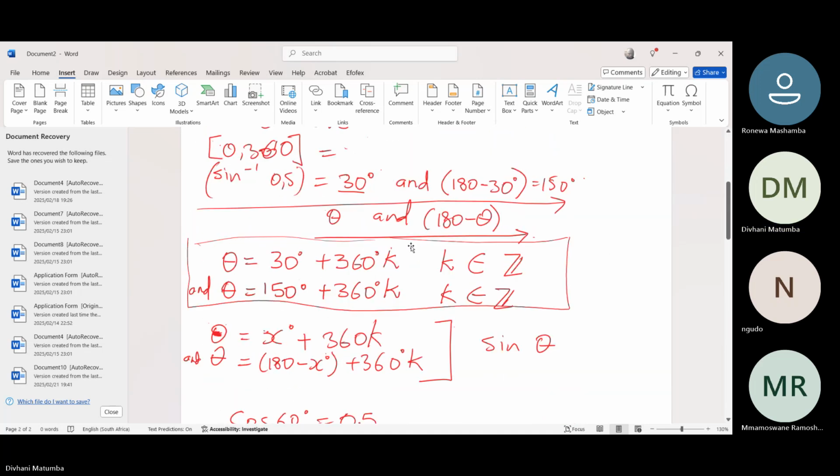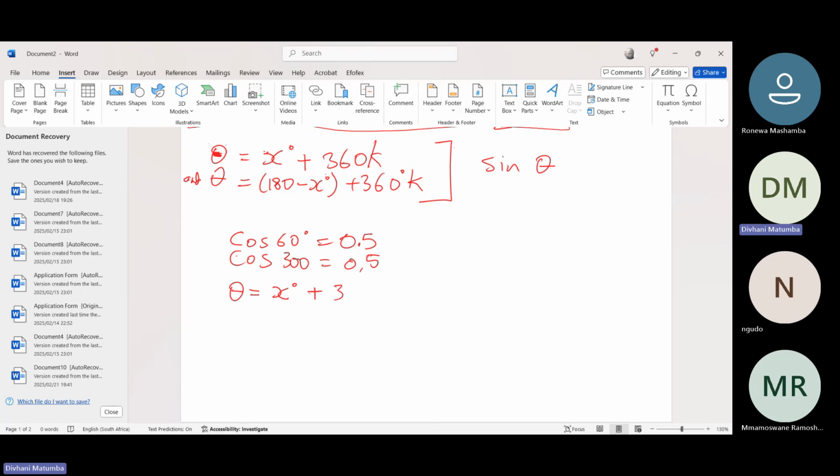And also 300: in order to get 300, we said 360 minus the angle plus 360 k, where k is an element of all integers.